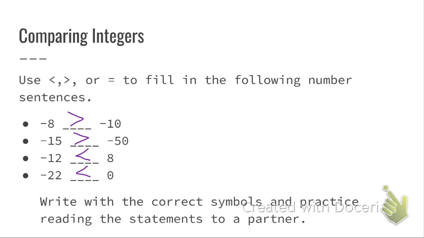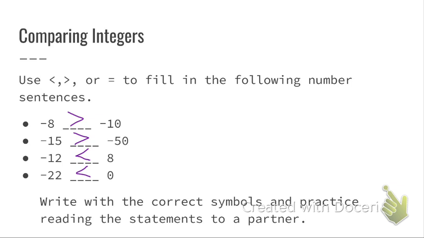For that first one, I would read it as negative 8 is greater than negative 10. Negative 15 is greater than negative 50. Negative 12 is less than 8. And negative 22 is less than 0.